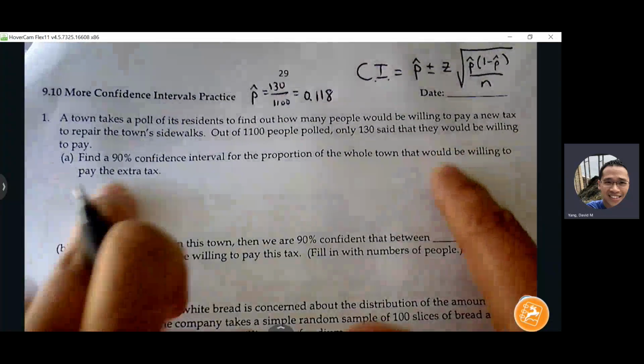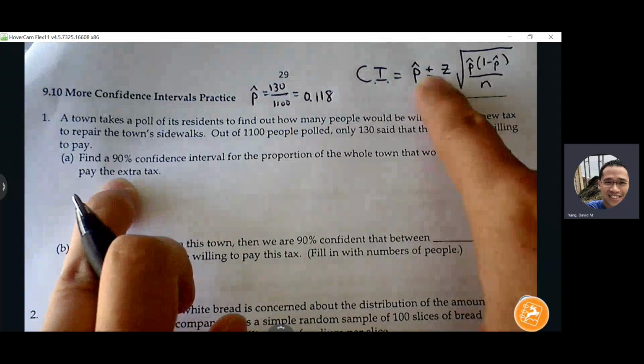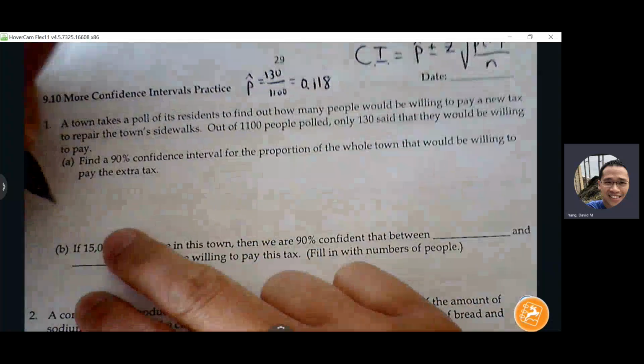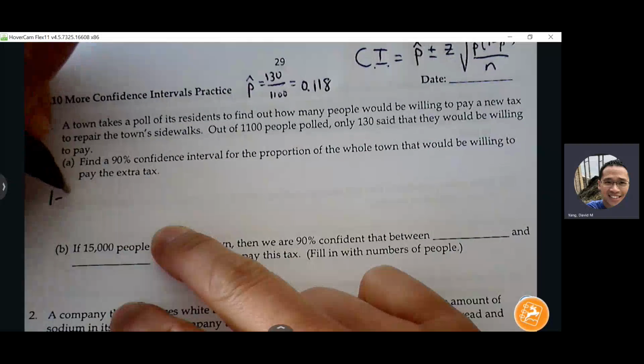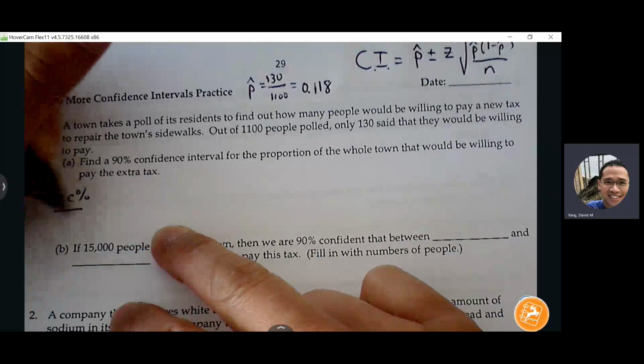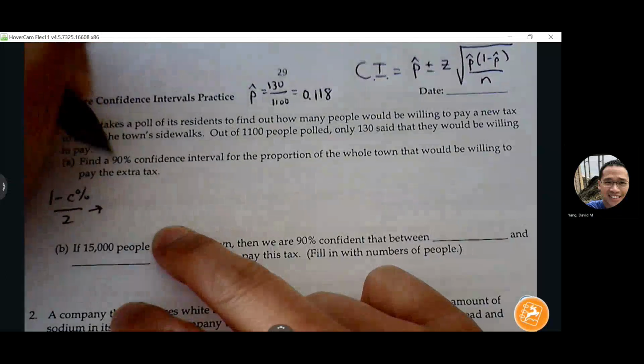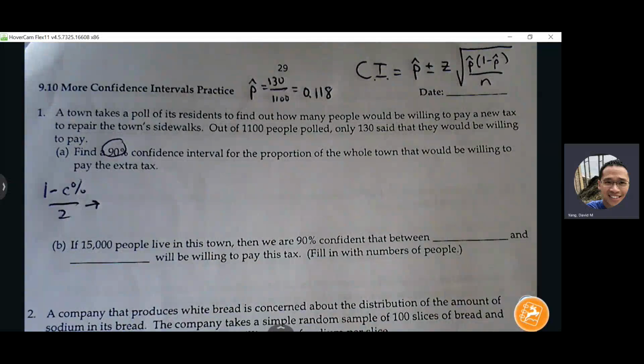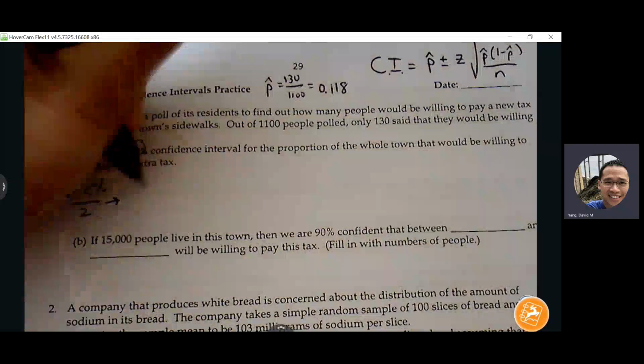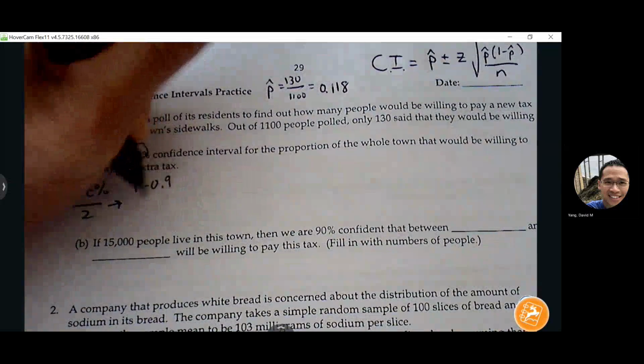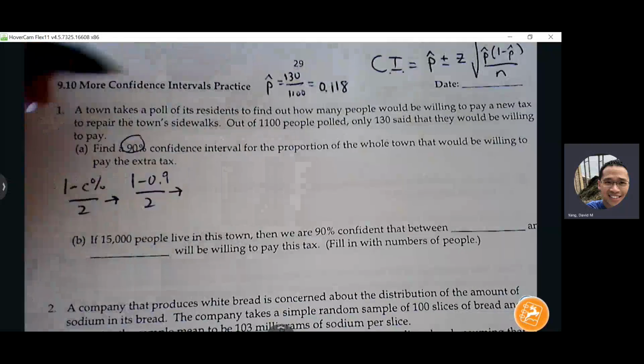There's another formula that we have to involve, and that's to help us get to the Z score. So first we have to go through that (1 minus C%) divided by 2. We want a 90% confidence interval. So 1 minus 0.9 divided by 2. This will give us our probability.